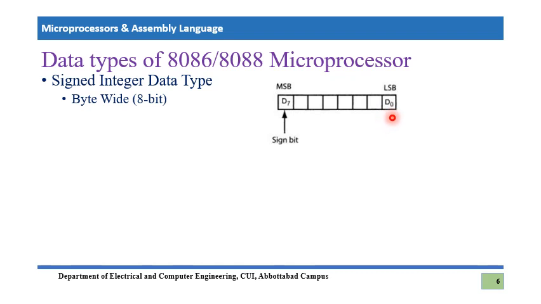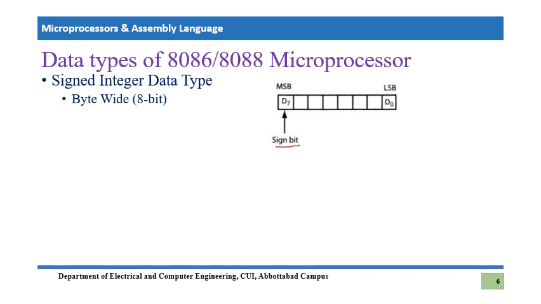The situation is almost similar to the previous slide. There are 8 bits of information, numbered D0, D1, D2, D3 and up to D7. The distinction comes with the last bit, and that is the sign bit. This bit is dedicated to telling you the sign of the number, whether it is positive or negative.